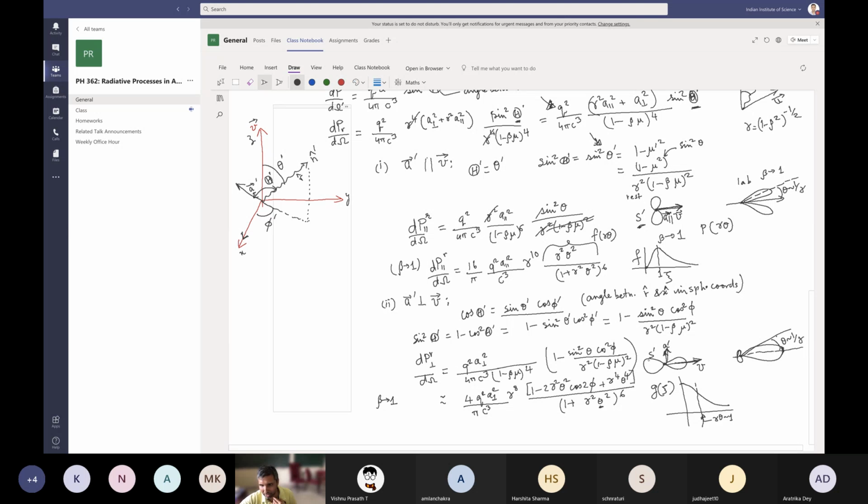More than these mathematical expressions, you have to have a feel for this: there is no radiation along the direction of acceleration. So you will have a null here. But just beyond this, you will have very high radiation coming. In this case, when acceleration is perpendicular to the direction of velocity, there is forward beaming and you have the maximum at theta equal to 0. Is it clear?